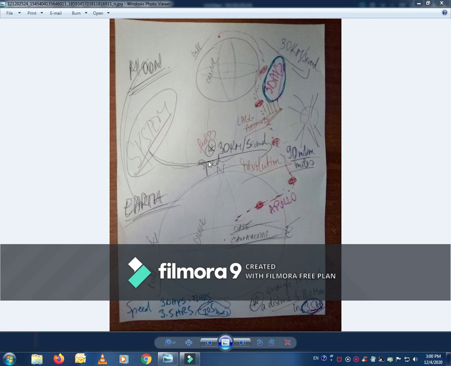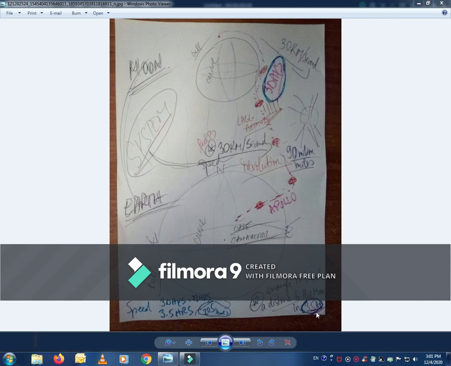If you consider this speed of the Earth and the moon and the whole solar system, 30 kilometers per second, this speed is enough to travel the distance to the moon in 3.5 hours.